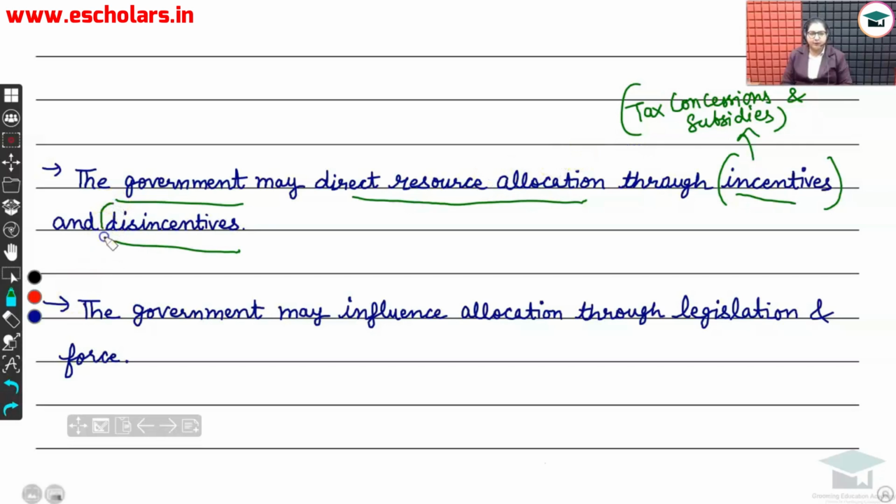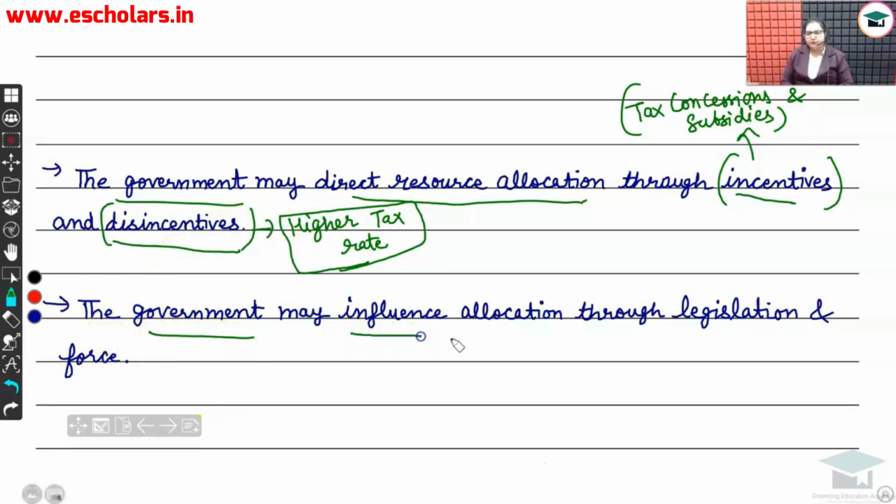And the government will provide disincentives like higher tax rates on the production of demerit goods in order to reduce the production of demerit goods in the economy. So through the incentives and disincentives policy, the government will do the optimal allocation of resources in the economy.